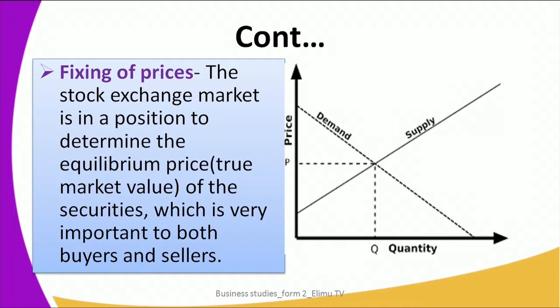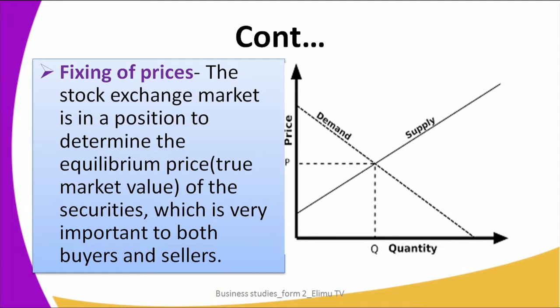The other role is the fixing of prices. Usually out there, the price is determined by the market forces, that is the demand and the supply. Now, when it comes to the price of shares and debentures, the stock exchange market is in a position to determine the equilibrium price, or the true market value, of the securities, which is very important to both the buyers and sellers.